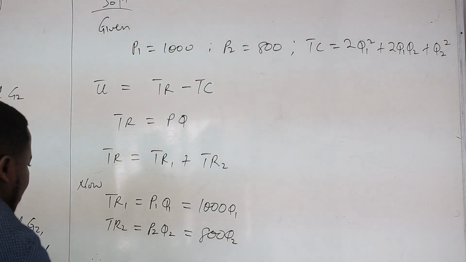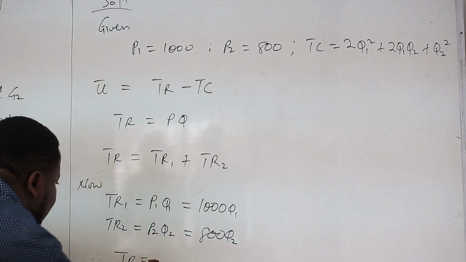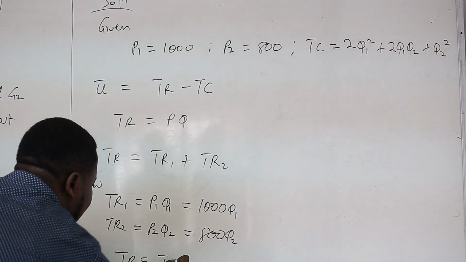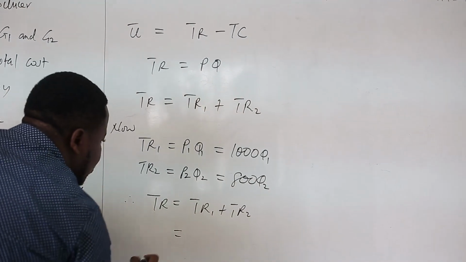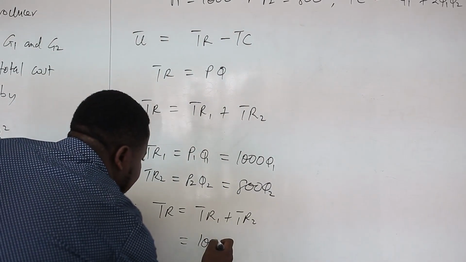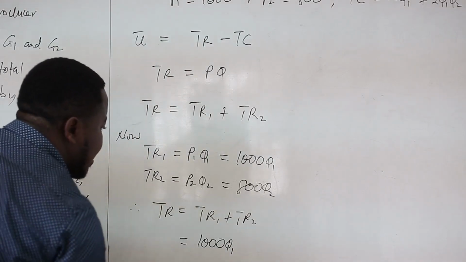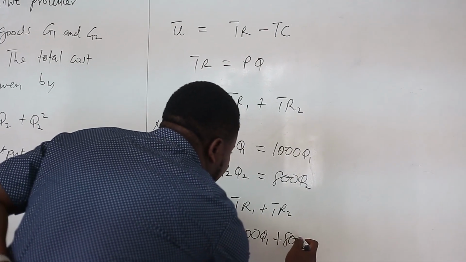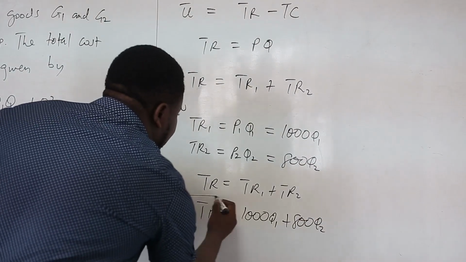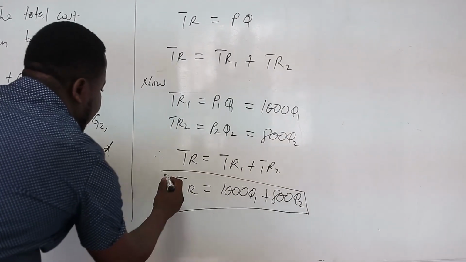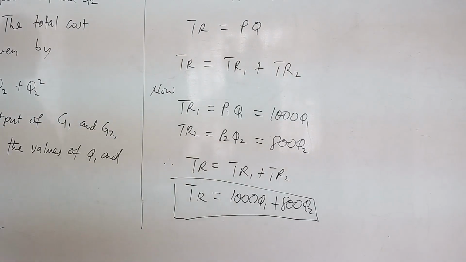So therefore, our total revenue, which is equal to TR1 plus TR2, is equal to 1,000 Q1 plus 800 Q2. So this is total revenue. I hope you're paying attention.